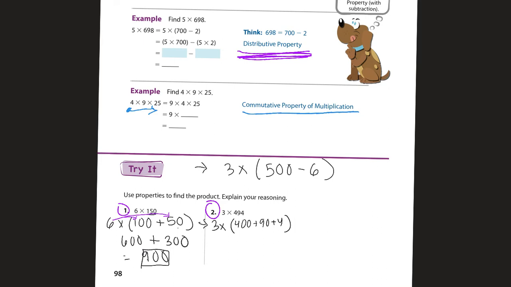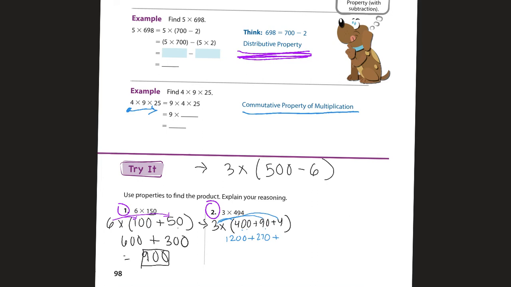All right, so if you used 490 and 4, then let's see, you distributed 3 to the 400. 3 times 4 is 12, and the 2 zeros. Plus, distribute the 3 to the 90. So 3 times 90, 3 times 9 is 27, and the 0. Plus, you distribute the 3 to the 4.